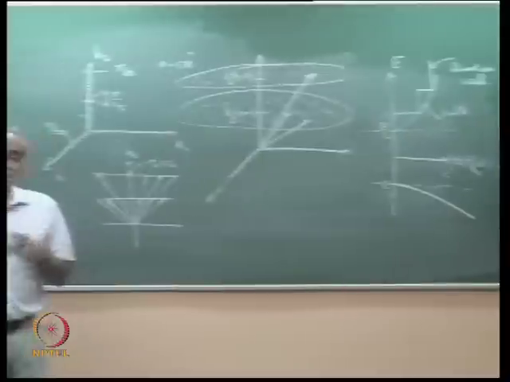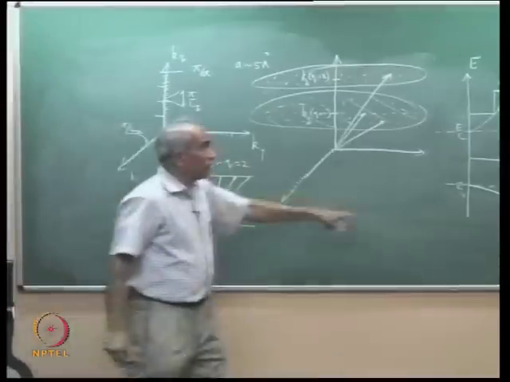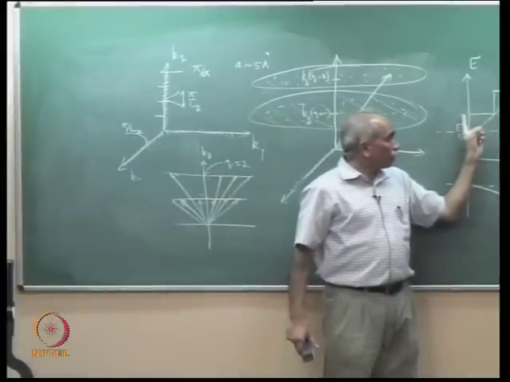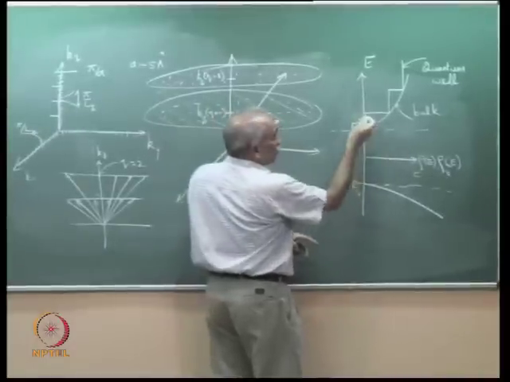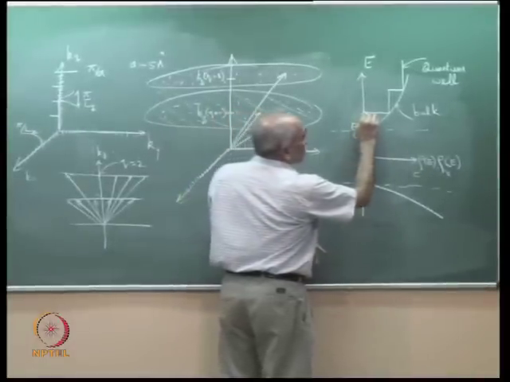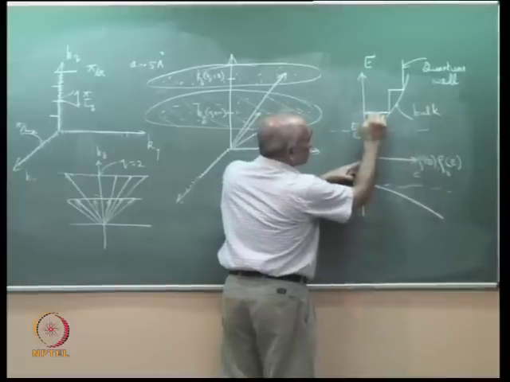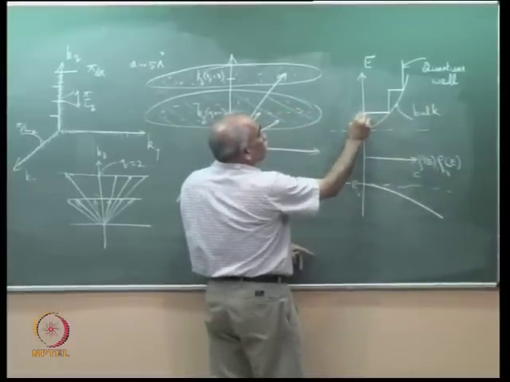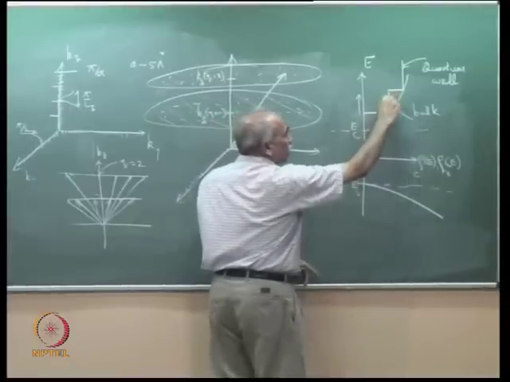The states are discrete, and the consequence of this will be, we will see that the density of states will remain constant up to some value of energy. Below this there is no state. The density of states, this is the density on this axis, is constant here. As you increase the energy, the density of states remains constant.